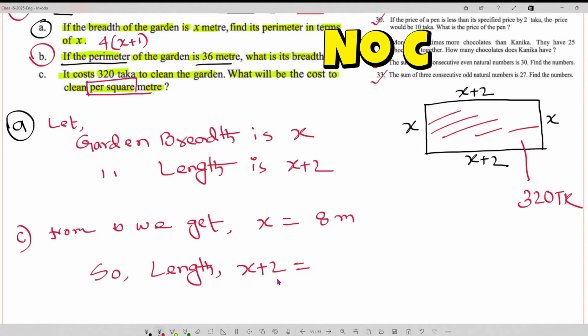So x plus 2 equals to what? 8 plus 2 meter. It means 10 meter. And here we can say here breadth, right? From B we get breadth x equals to 8 meter.